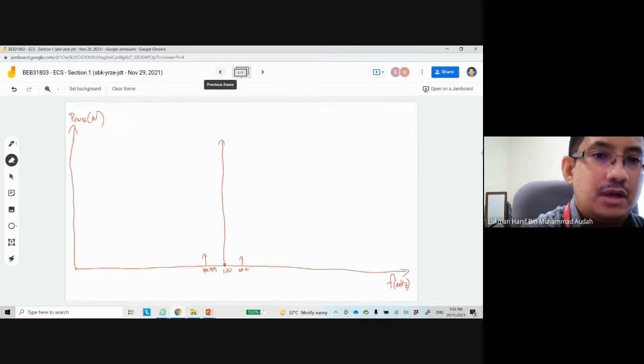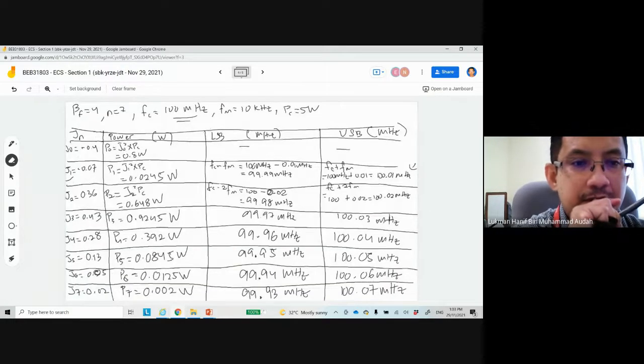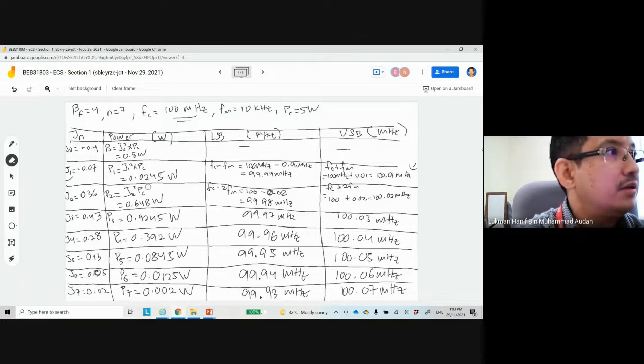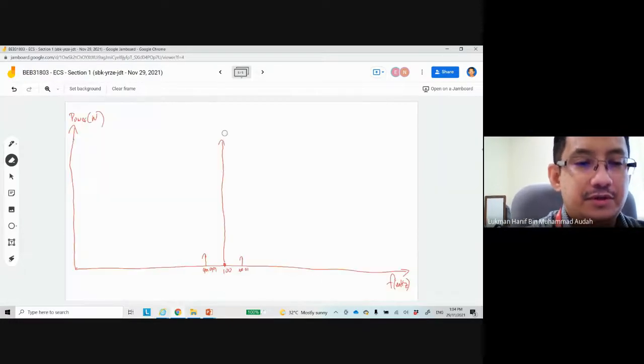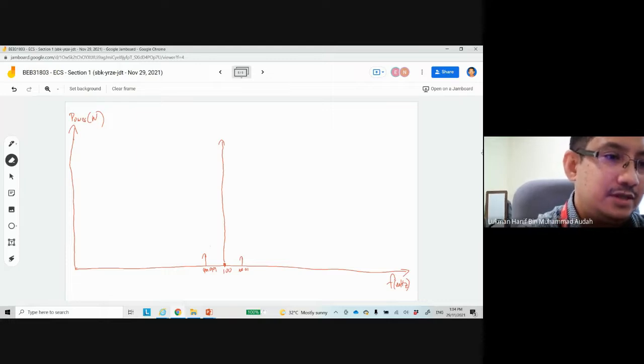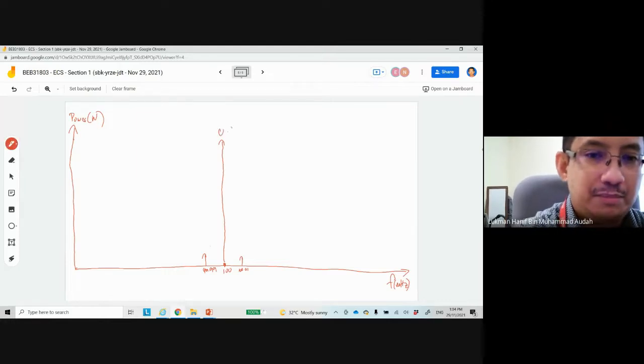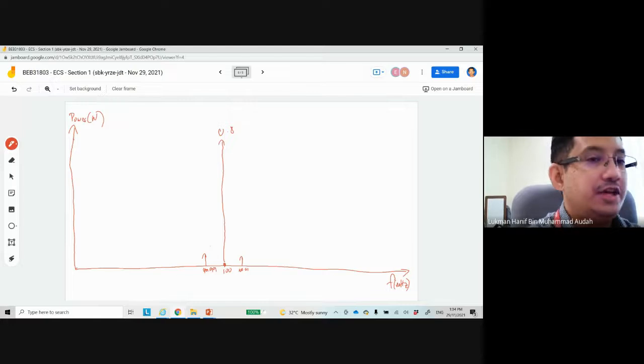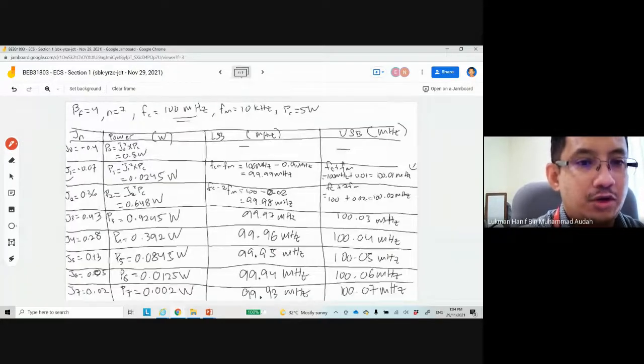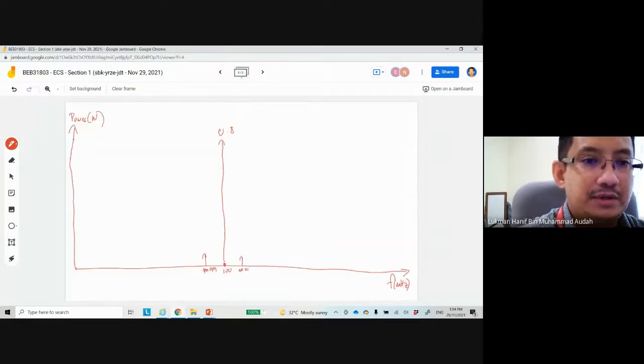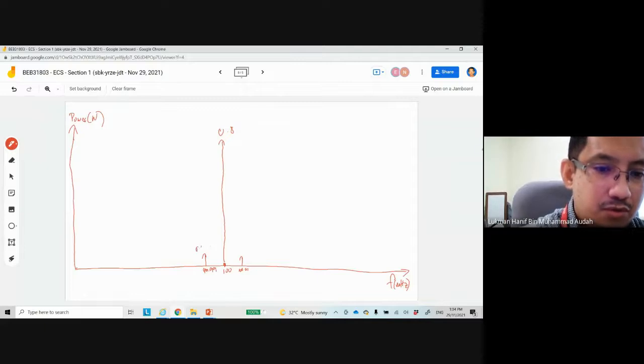So kalau power bermakna sini adalah 0.8 watt. Oh, betul lah tadi saya buat. Sorry, saya pula confused. 0.8 watt tadi, 0.0245.